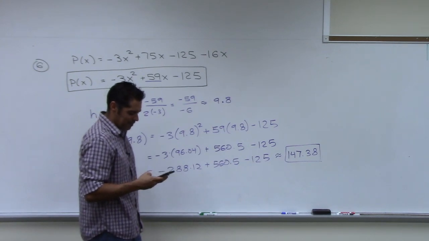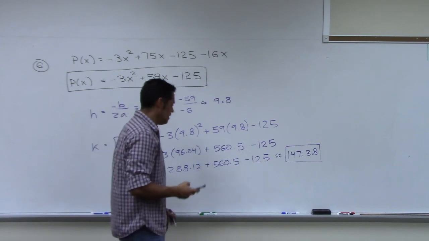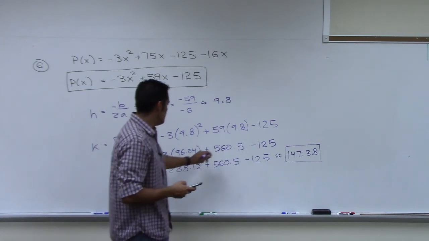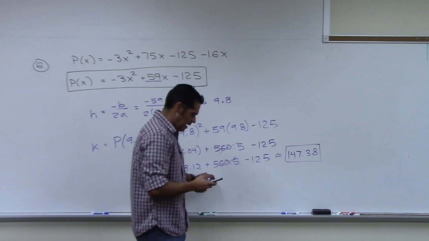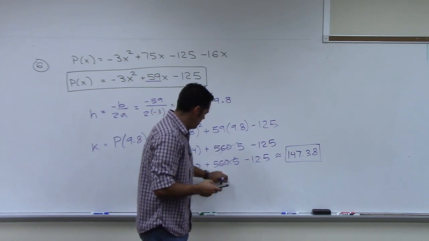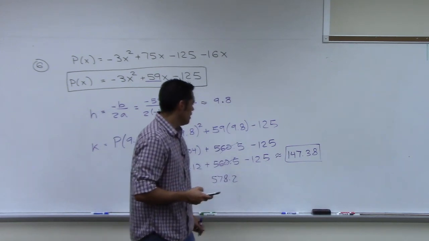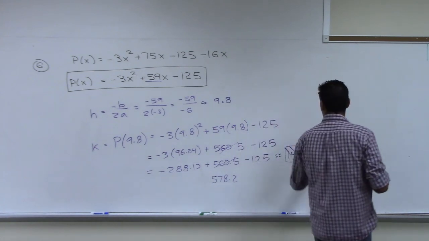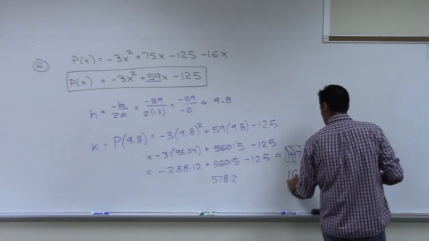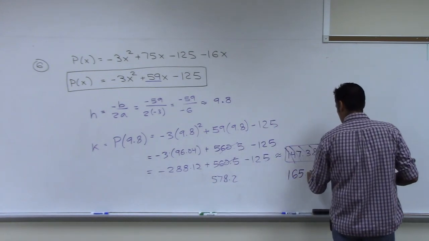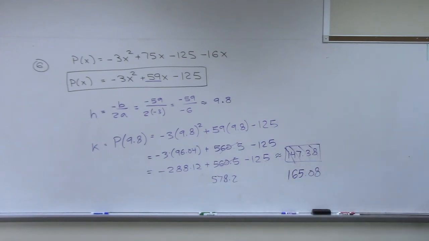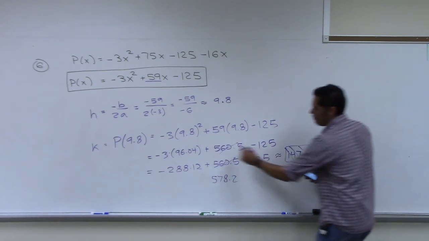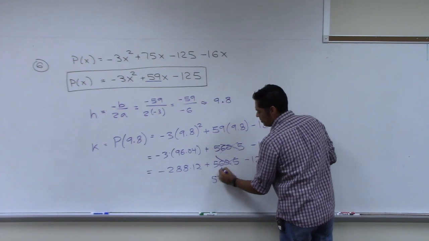Yeah, should have an iPhone, right? Everybody else does. Okay, yeah, this should be 578.2. And then that turns this into what? 165.08. Okay, this goes there. All right.